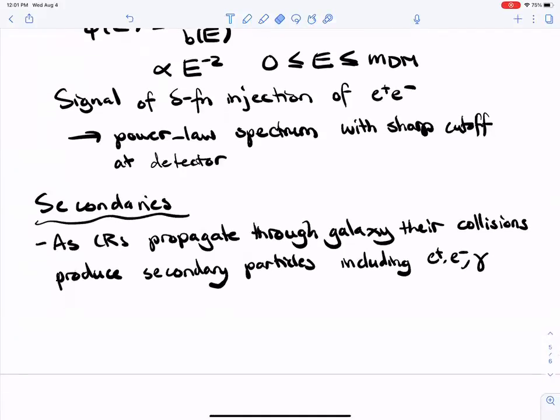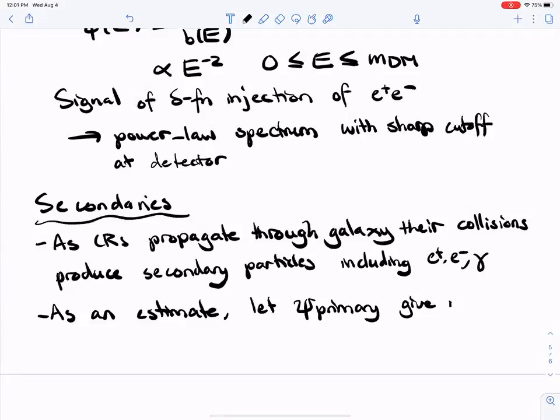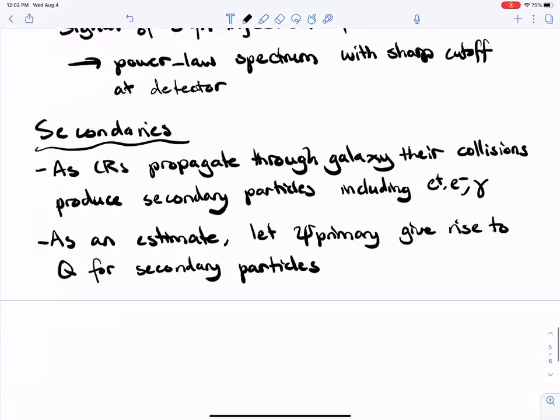But let's just take as an estimate, let our steady state primary distribution serve as the source distribution Q for the secondary particles. So we're going to just assume that Q is proportional to the steady state spectrum of the primary particles.